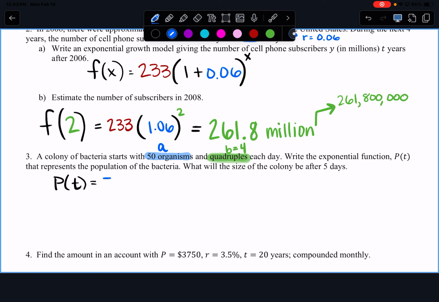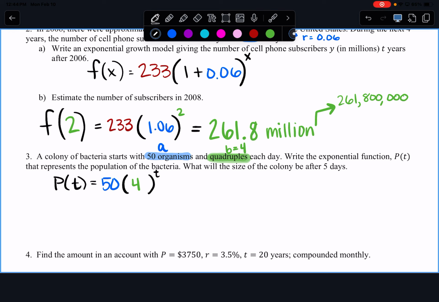What's my A? 50. Then we're going to multiply that by, what's my B? And then if it's just the normal equation, what power does it need to be raised to? The T power, the power of T.